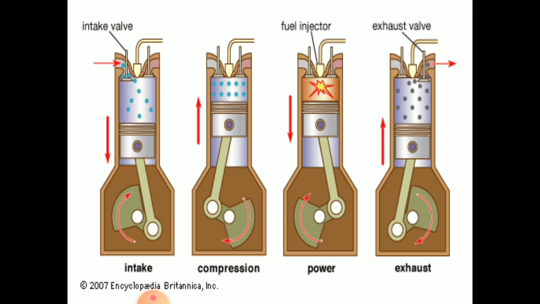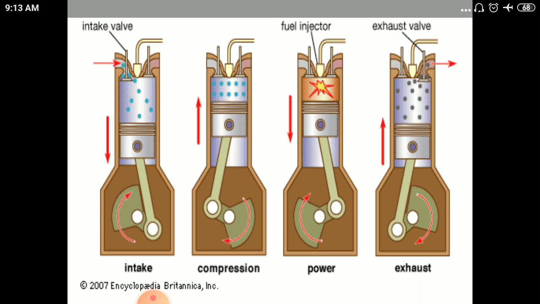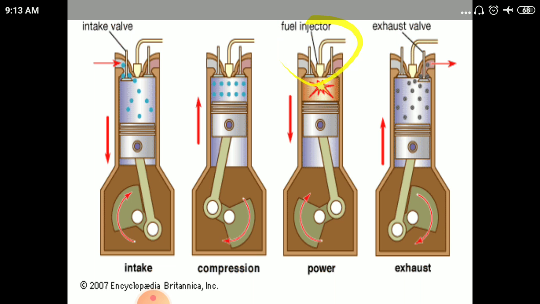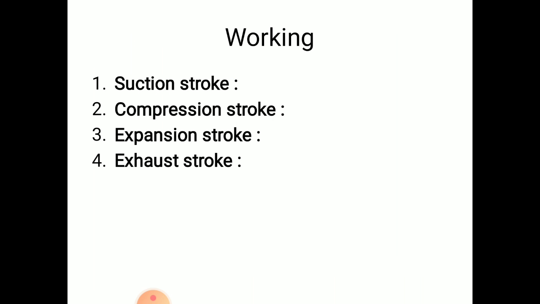In petrol engine here we use the spark plug, and in diesel engine here is the fuel injector. That is the only difference between the construction of SI and CI engine. Other differences are also there. Working, same four strokes are there: suction stroke, compression stroke, expansion stroke and exhaust stroke.